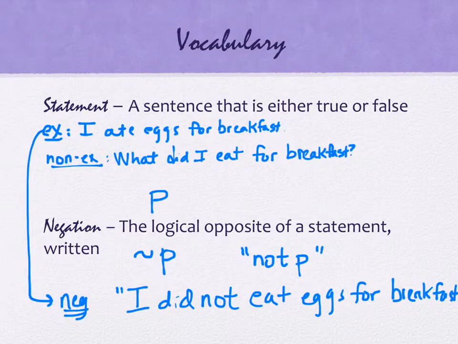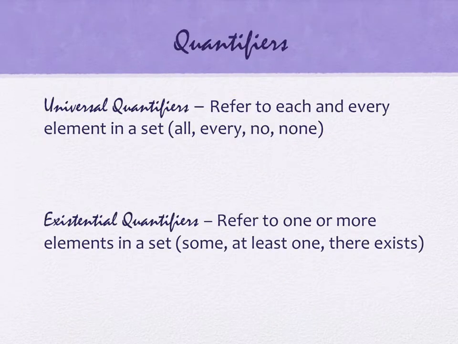However, there are some statements that make it a little bit trickier for us. And those statements are statements that have what are called quantifiers. So there are two types of quantifiers. The first type of quantifier is a universal quantifier. It refers to each and every element of a set. It uses words like all, every, no, and none.